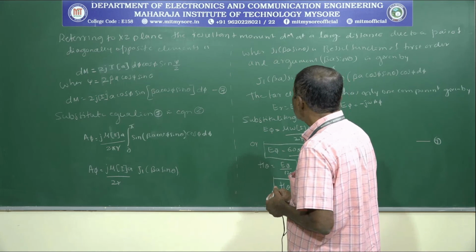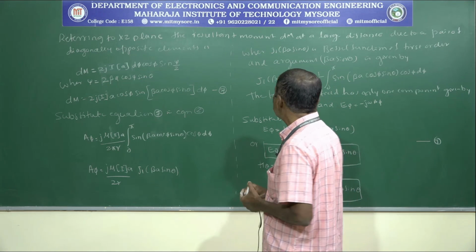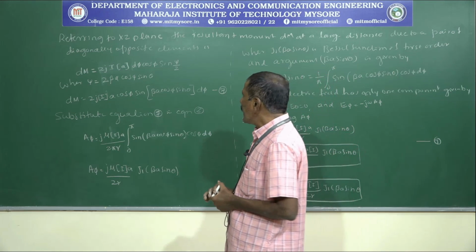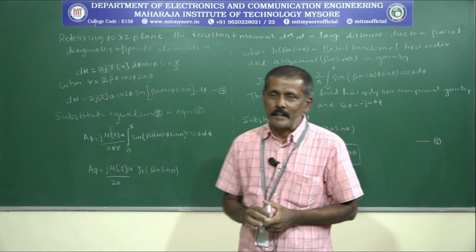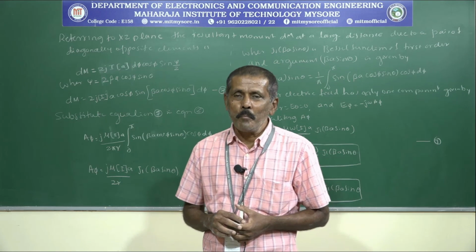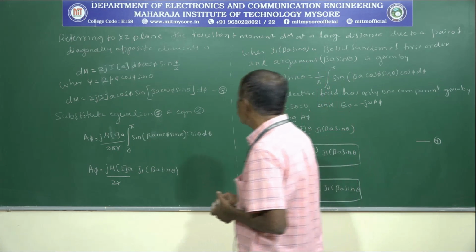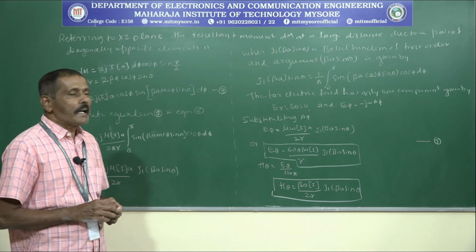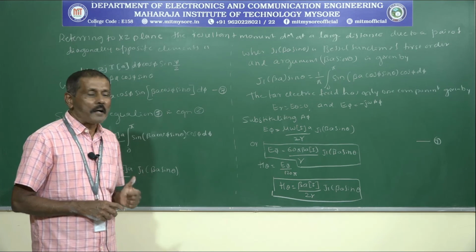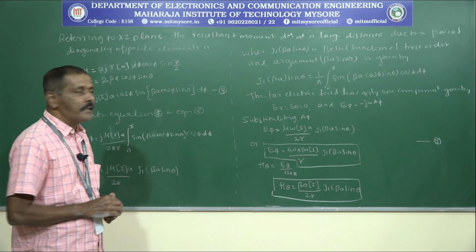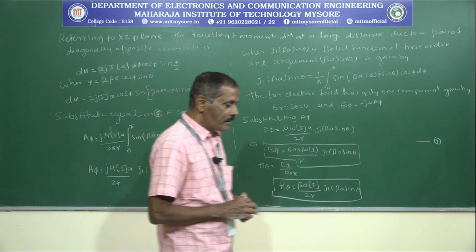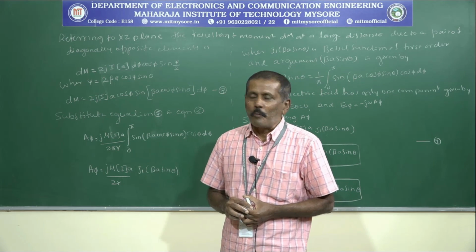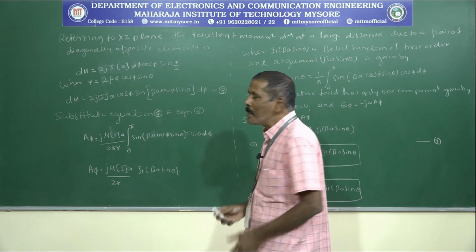Referring to the XZ plane, the resultant moment dm at a large distance due to a pair of diagonally opposite elements is found as follows. The antenna is placed in the XZ plane, and we want to find the field at a point P due to diagonally opposite elements.